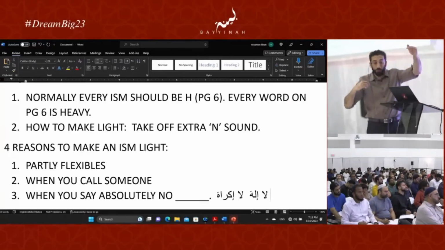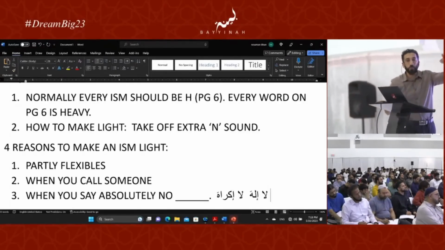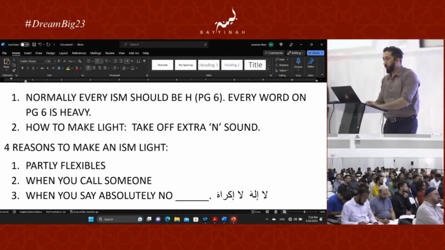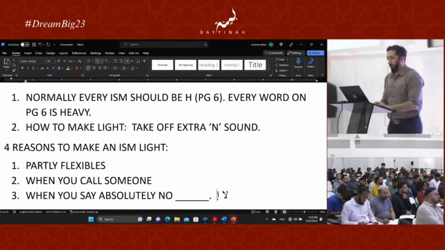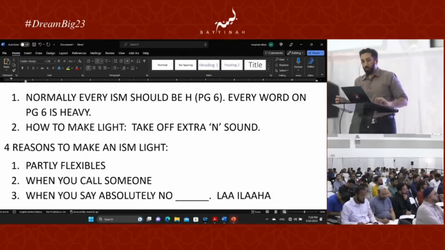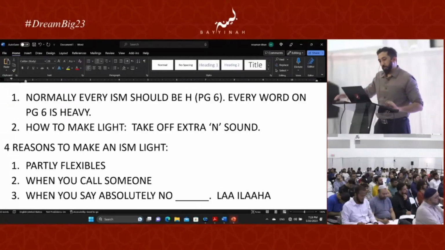When you say absolutely no, what was the difference? You were making those words light, like we say in the Shahada. So you don't have to know how to write Arabic. You can write it like this, like La ilaha.